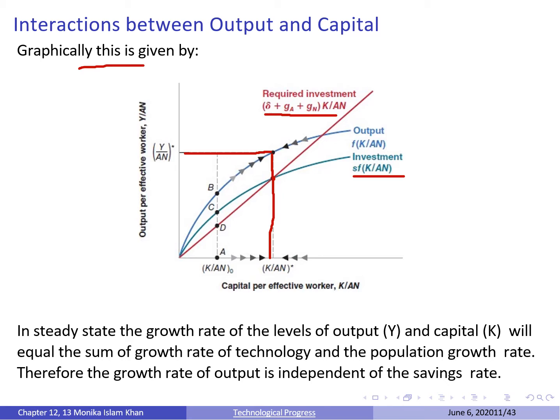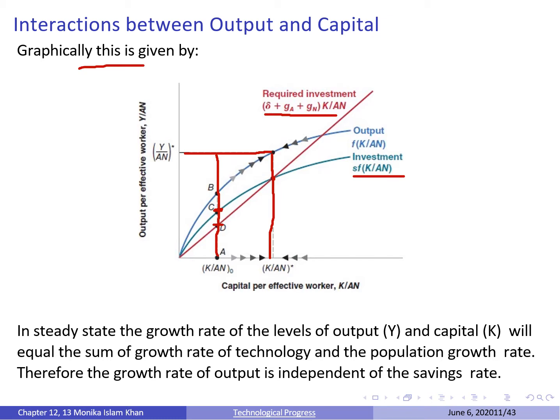Now imagine that you were not in the steady state. Okay, so imagine that the level of capital stock in the economy is here. So you are at this point in the economy. At this point, see that the level of investment here is greater than the level of required investment.